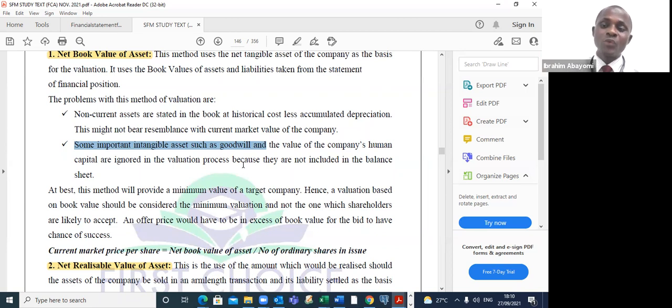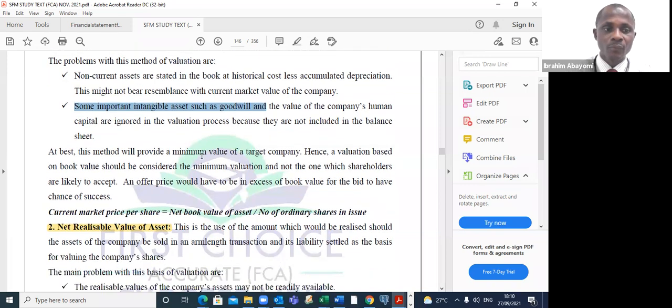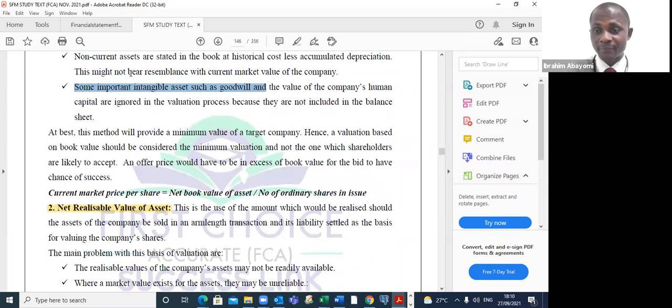So if goodwill is not recognized when you are valuing the company using the net book value of asset, then your market value is going to be affected. The company will be undervalued. These are the problems associated with the net book value basis of business valuation.